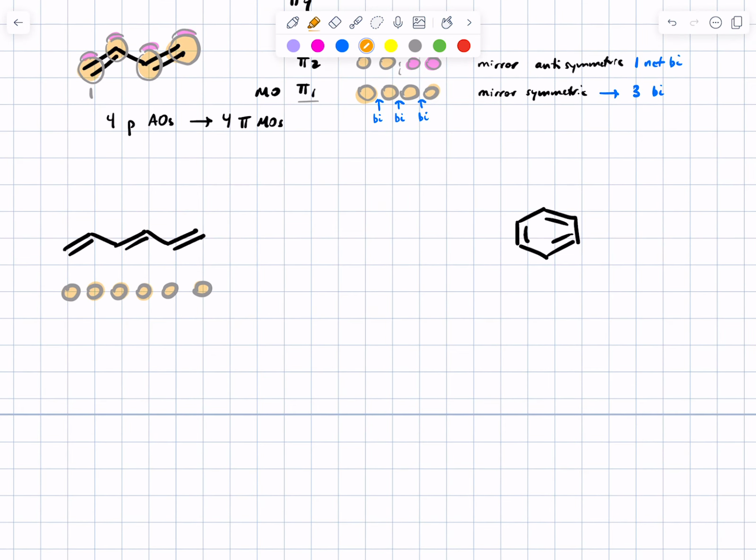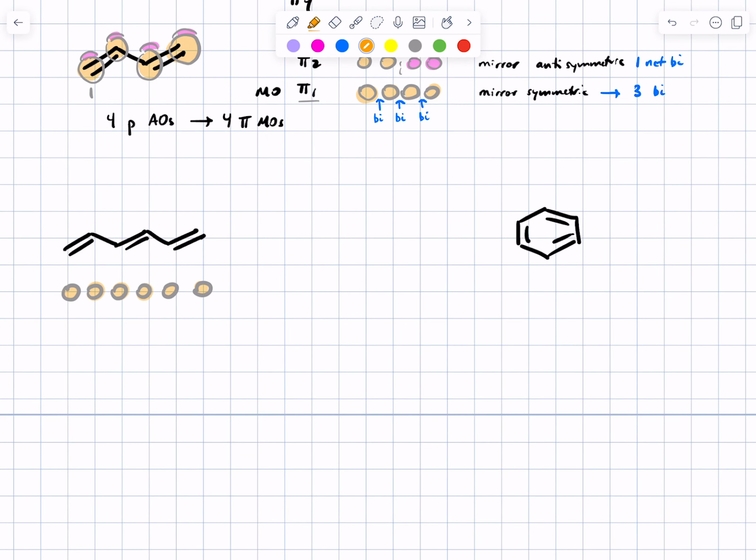For simplicity's sake, we're only looking at the top lobe of the orbital. Are we all okay with this? We've got a lobe below the plane of the page. Now we'll do the same for benzene, and the only difference is in 1,3,5-hexatriene, the orbitals are arranged in a line with 2 ends, whereas in benzene, the orbitals are arranged in a cycle with no end.